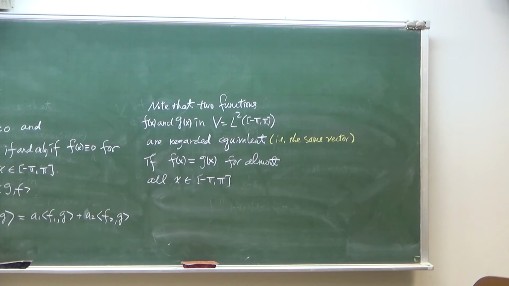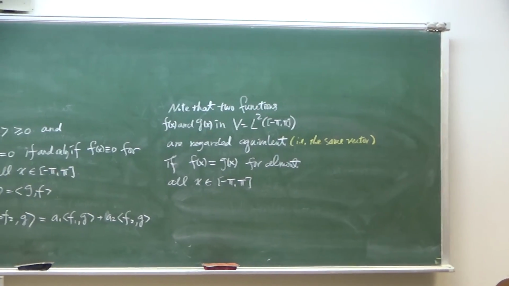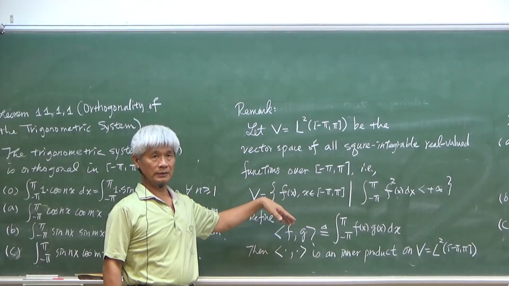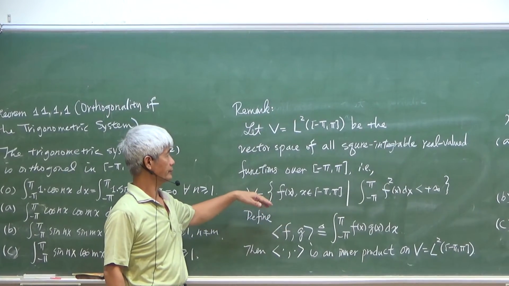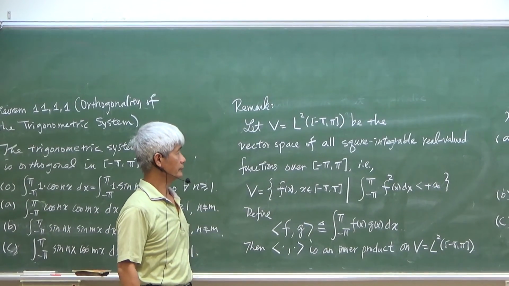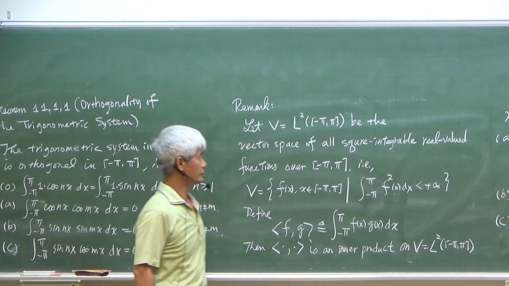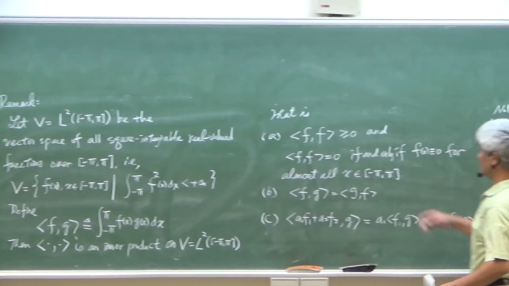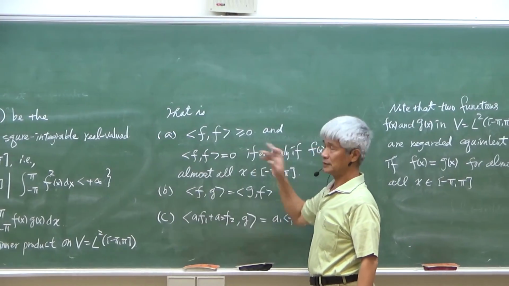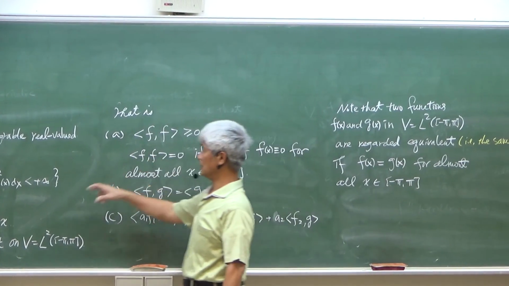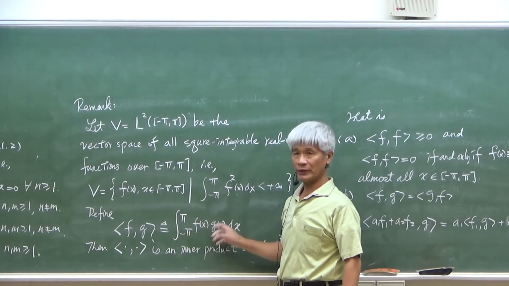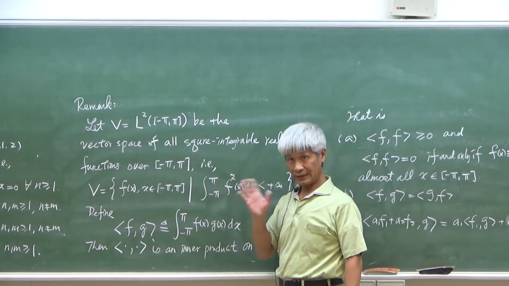Alright, do you have any questions about the setting of these vector spaces? I think that part A is quite easy because if f is equal to g, you have f squared, right? F squared is non-negative.